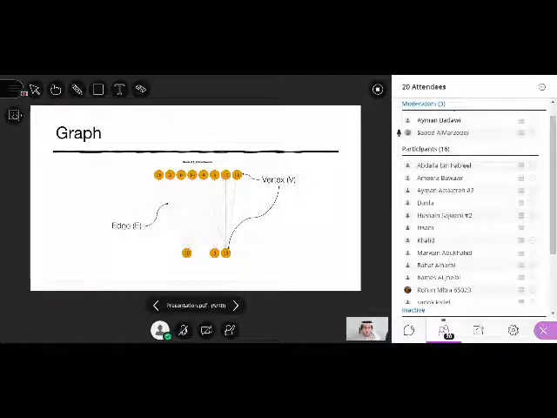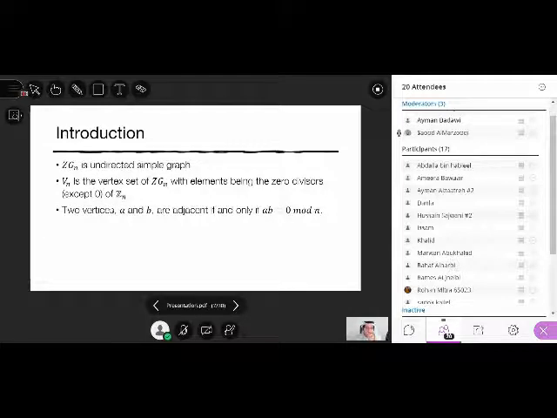And simple means that two vertices can have at most one edge between them, and a vertex cannot have a loop, that is, it cannot have an edge directly referring to itself. So that's what we mean by undirected simple graph.